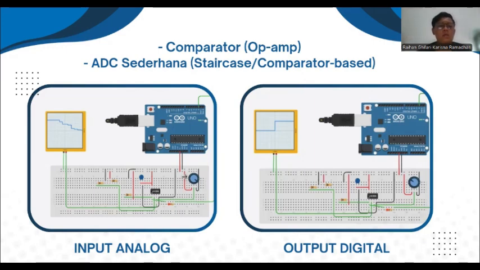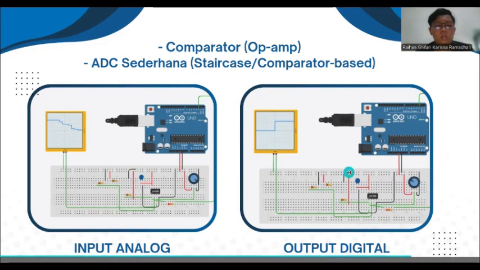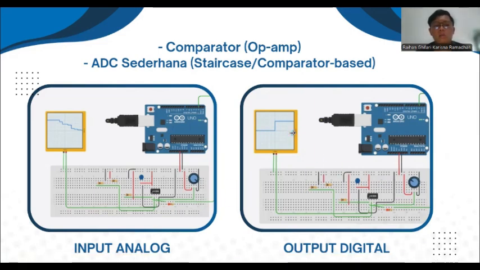Right side explanation, digital output. Now compare that with the image on the right. The analog signal is processed with the LM393 IC.